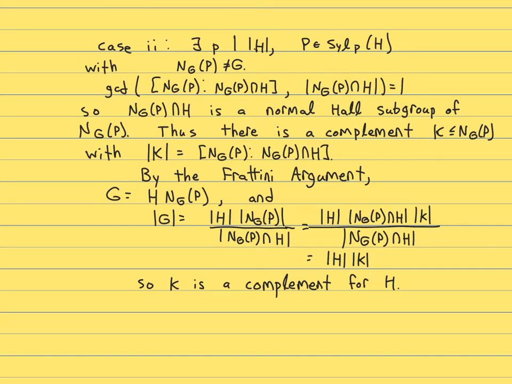Another important case that we end up considering is the following one. Suppose there exists a prime dividing the order of H, and a Sylow P subgroup, such that the normalizer of P in G is not equal to G, so it's a proper subgroup.